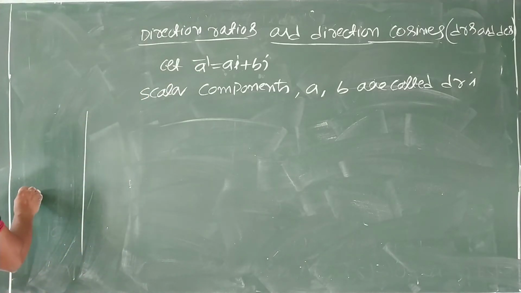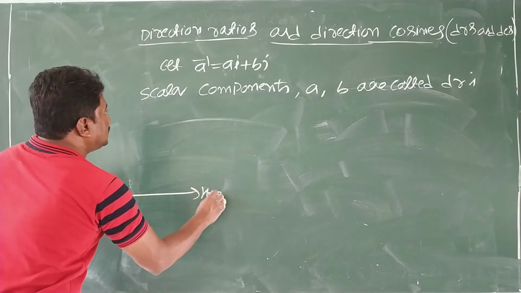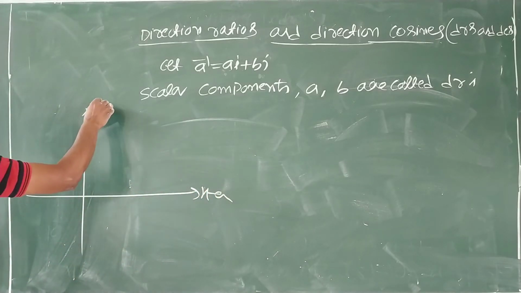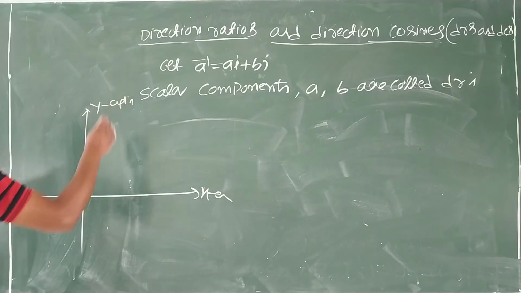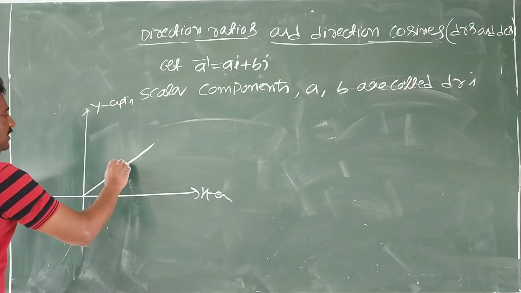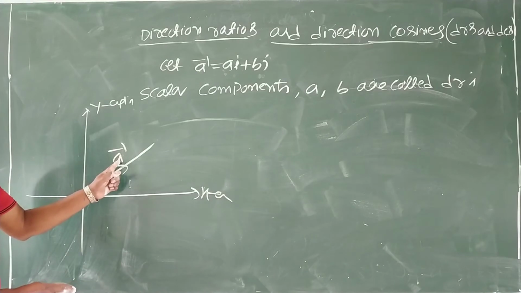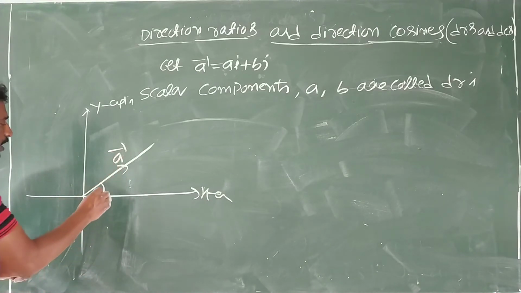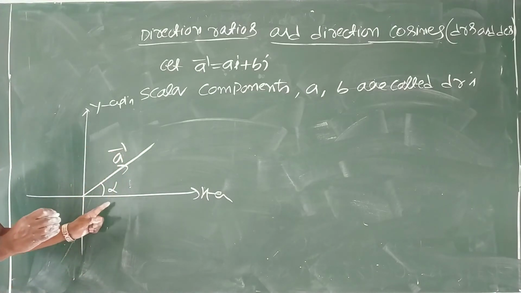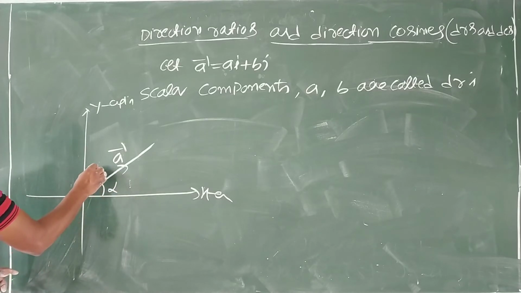Now let's think of direction cosines, DCs. Look at the students. X-axis, Y-axis. This is vector A. Let us take that vector A makes an angle alpha with x-axis, beta with y-axis.